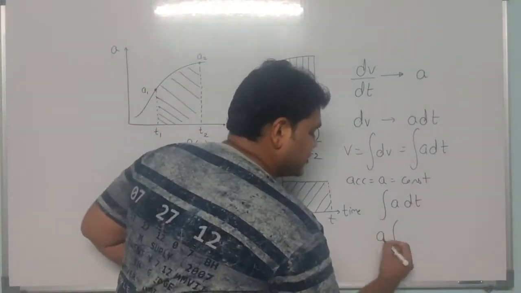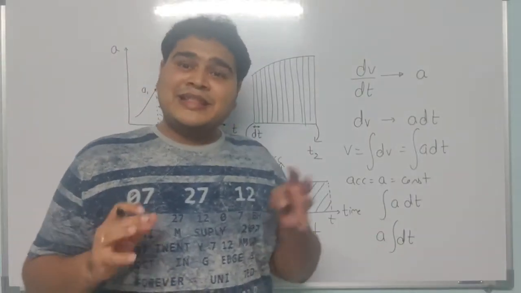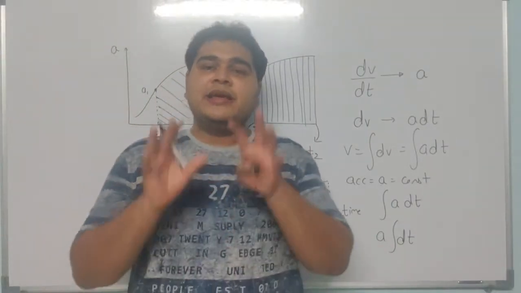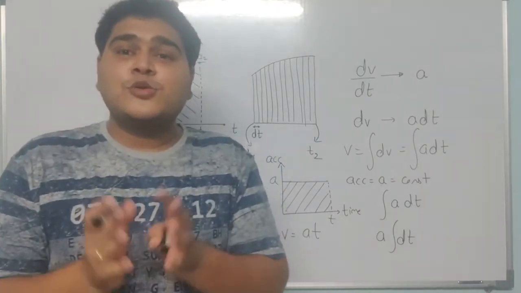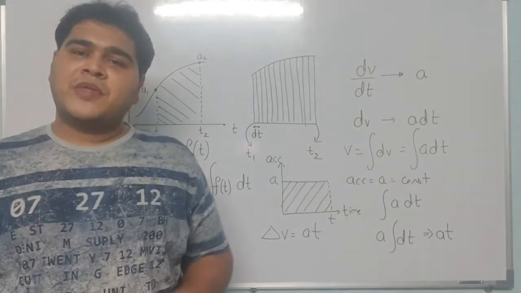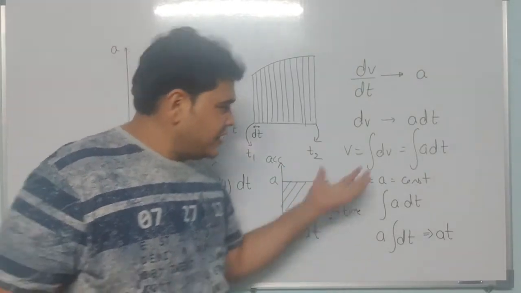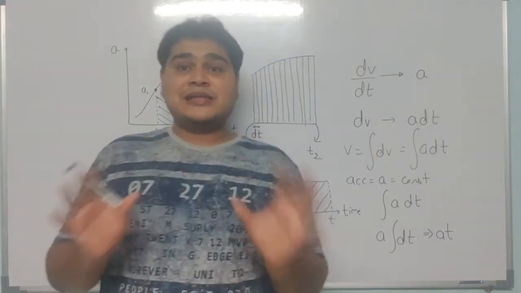So acceleration, constant, into integration dt. And integration dt, in the formula we are going to learn, is equal to t. So we are going to get it as at itself. So whether you go for area under the curve or whether you go for integration, it is the same thing.